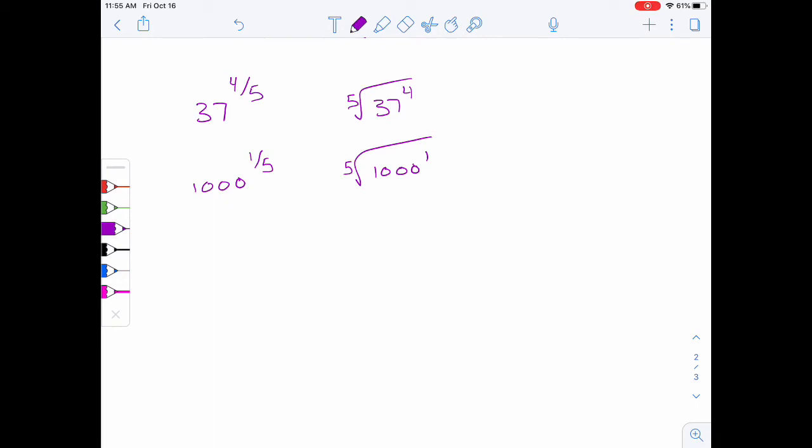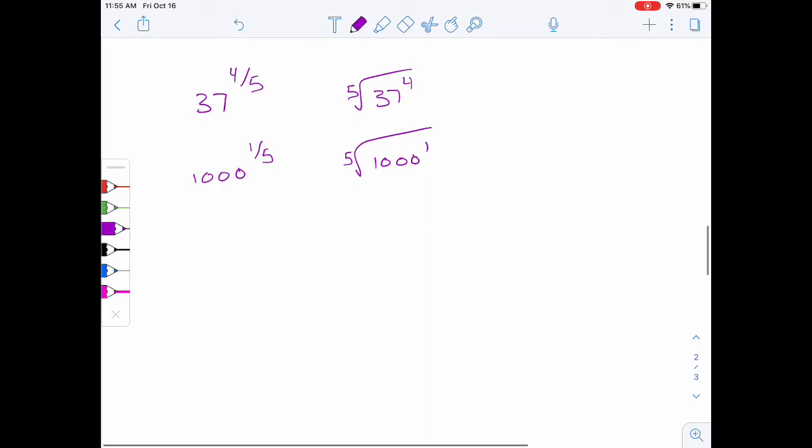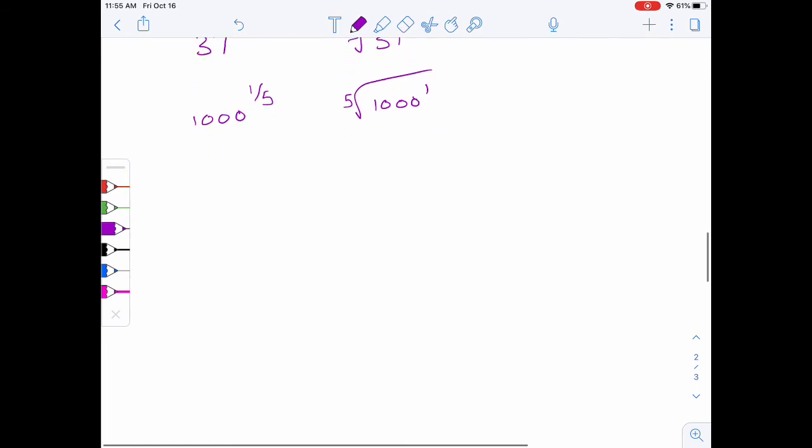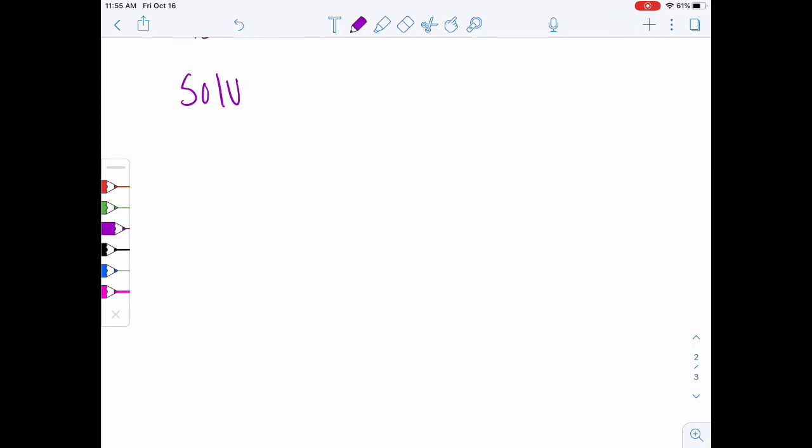These rational exponents are really useful when we're having to solve for x. So let's try a couple examples where we're having to solve.